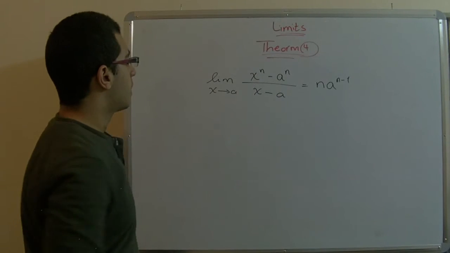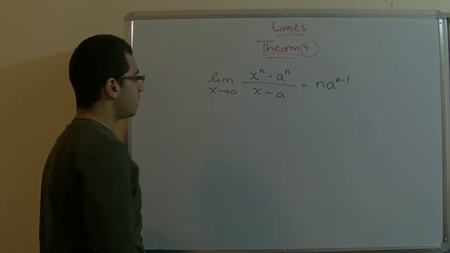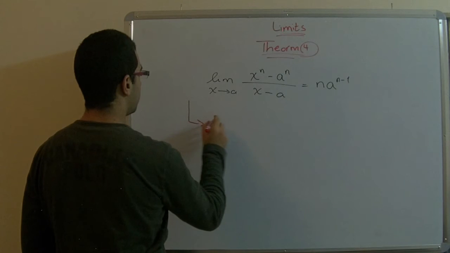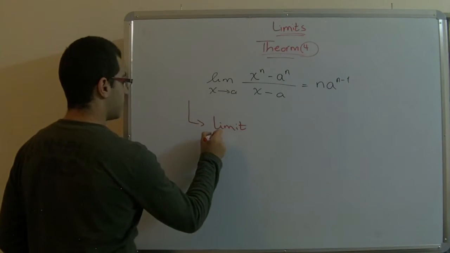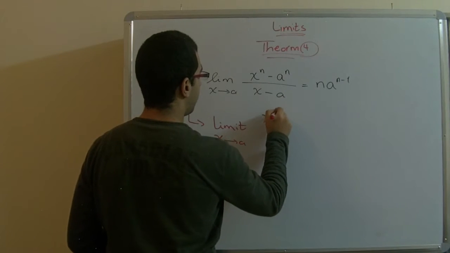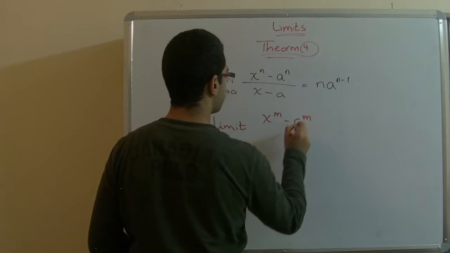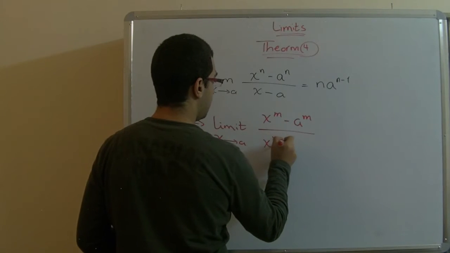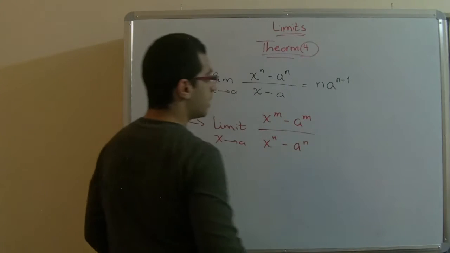But if we have an exponent here also, if our formula is in this shape, I want the limit as x approaches a of x to the power m minus a to the power m over x to the power n minus a to the power n.